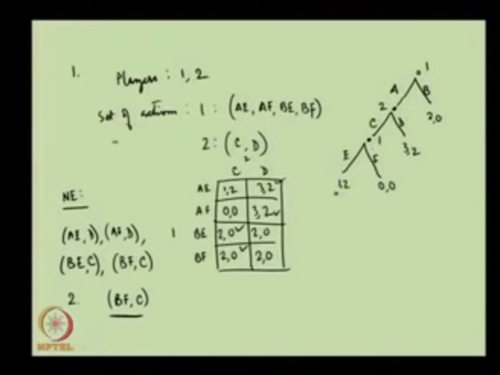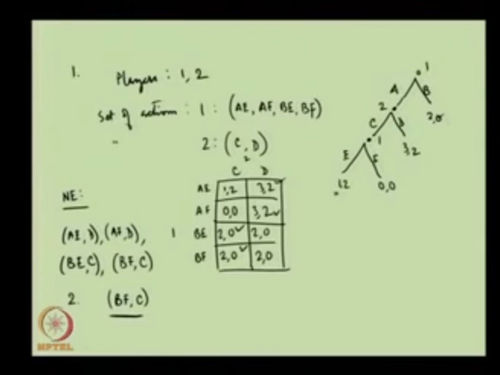Player 2's action is also optimal, because player 1 is playing B, so he gets 0 here. As long as he is getting 0, it does not matter whether player 2 chooses C or D.